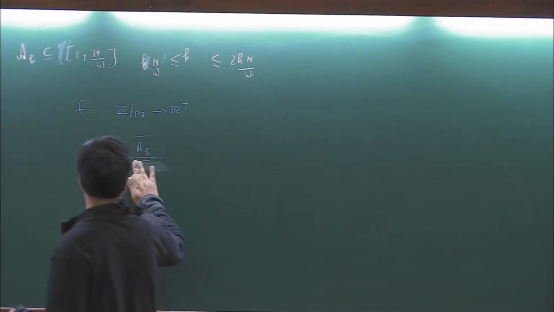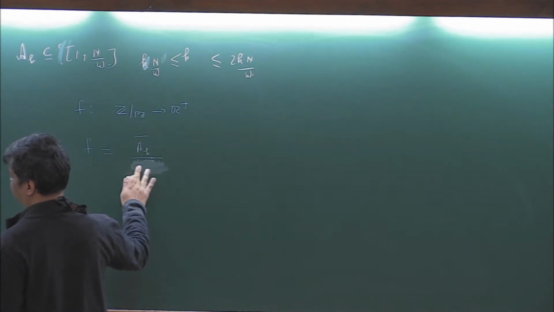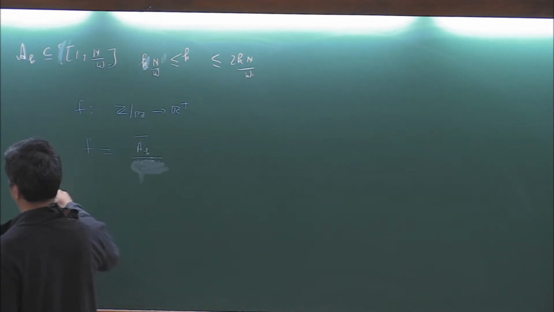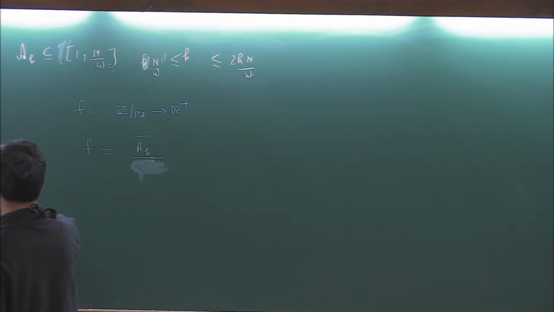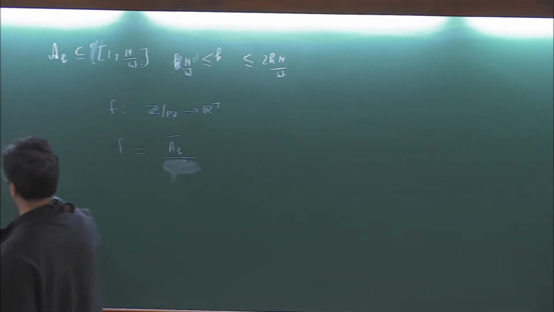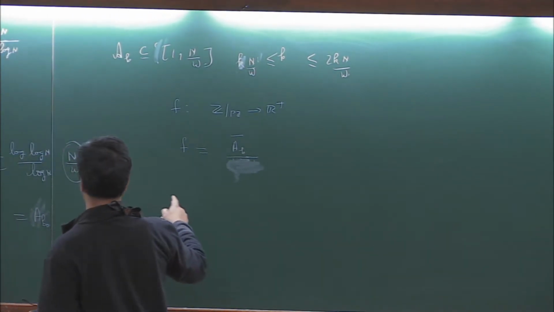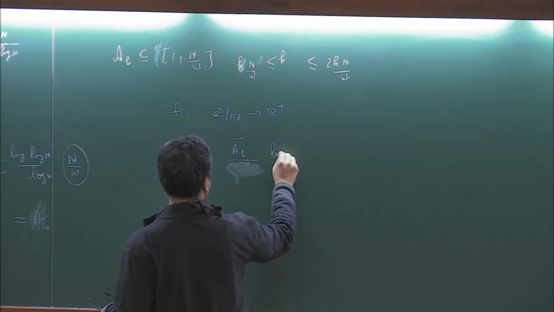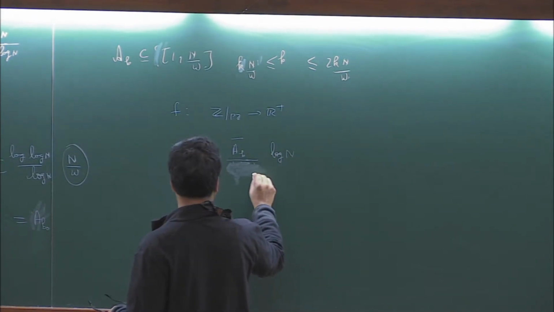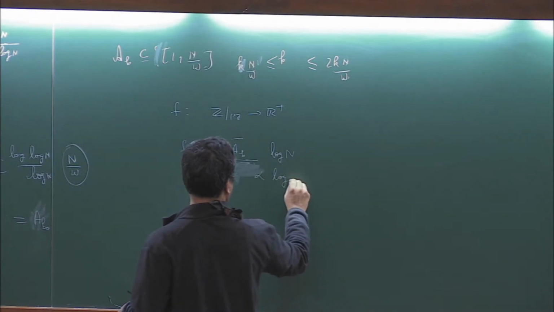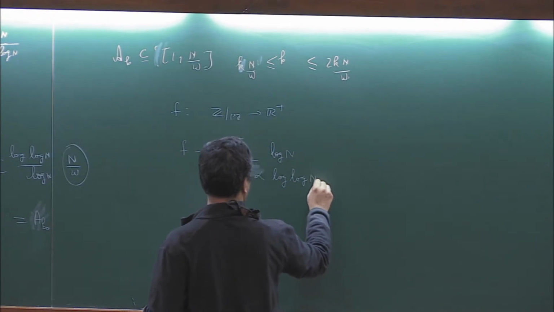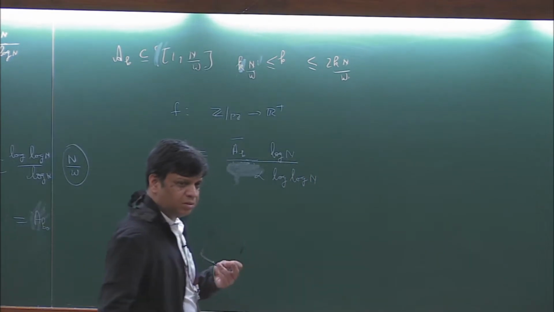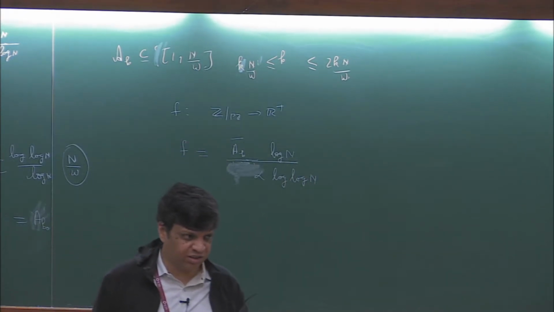No, not cardinality, density of it. So this prime is of the same order as n by W. So I will divide by basically log n by alpha log log n, so that the average is around 1.